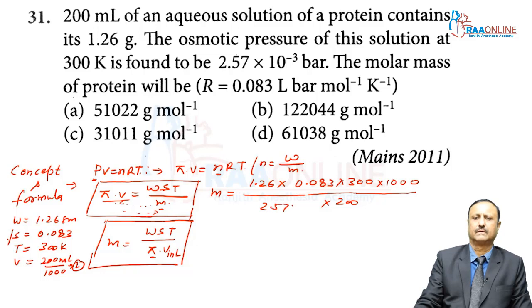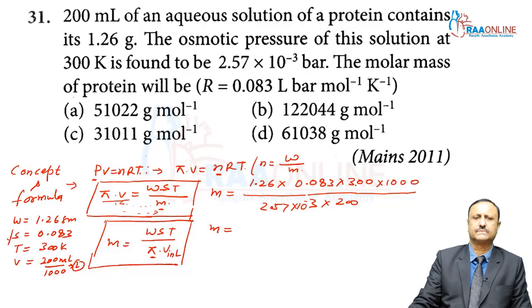2.57 into 10 to the power minus 3. You can put the values in this formula, my dear students, and when you solve this question: 1.26, 0.083, into 300. This is the temperature in Kelvin.